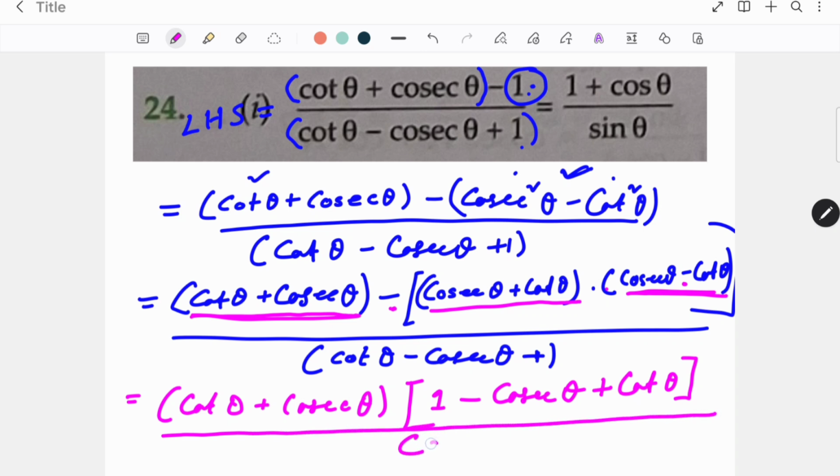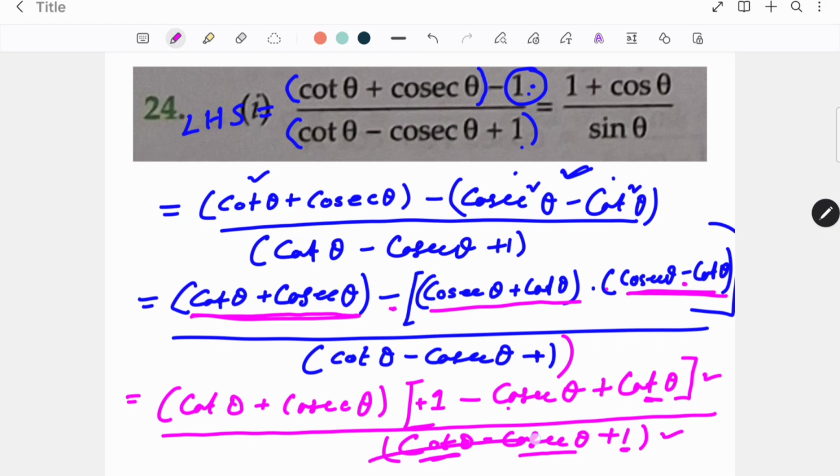We have in the down one cot theta minus cosec theta plus 1. Check, this upper part and this part are the same. How? Here plus 1 is there, here plus 1, cot theta in positive sign, cot theta in positive sign, minus cosec theta, here also minus cosec theta.